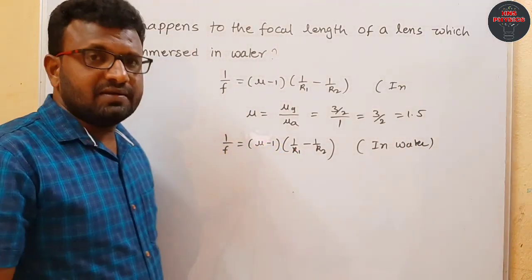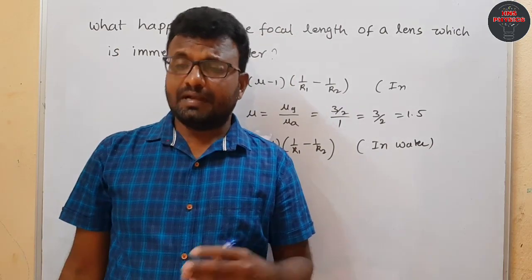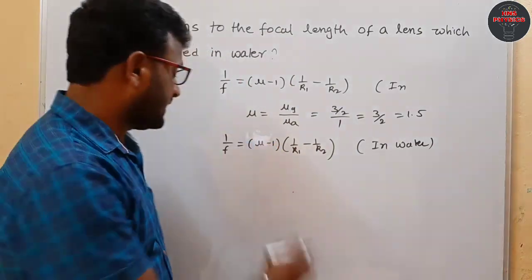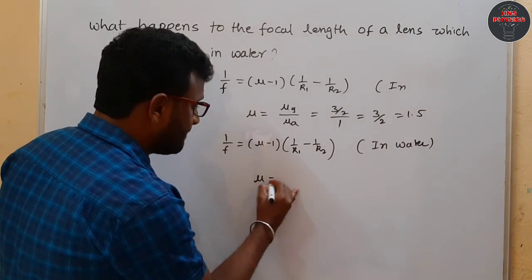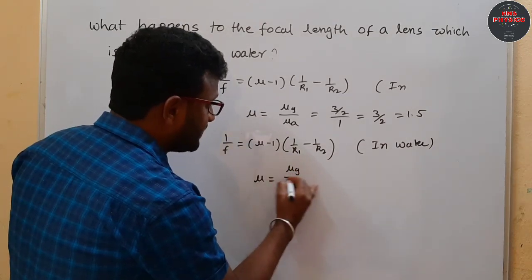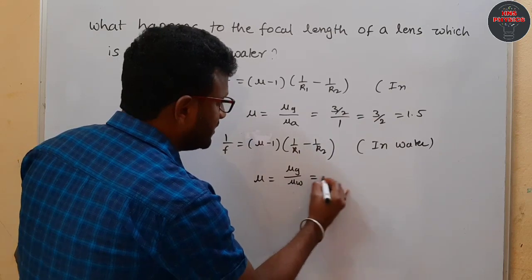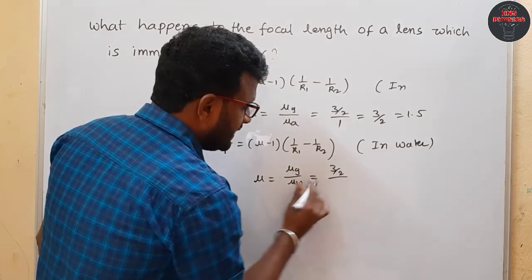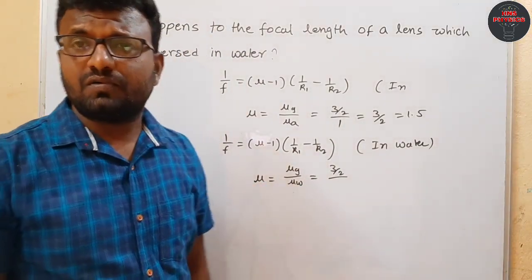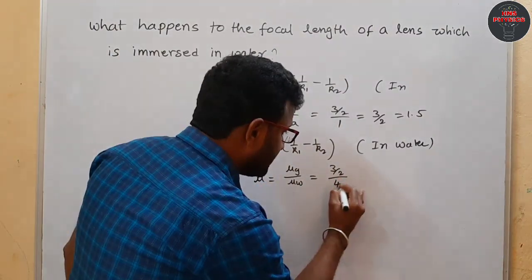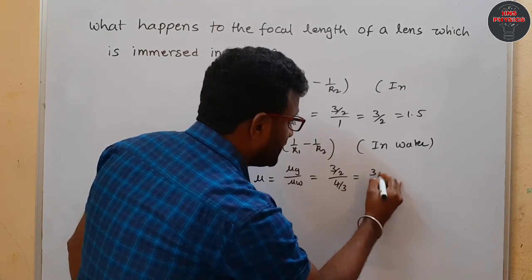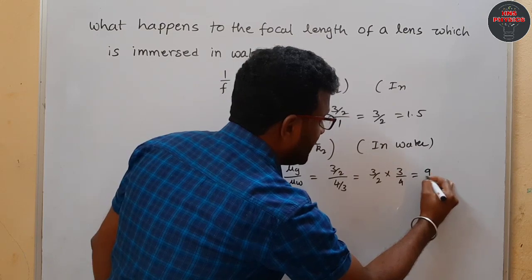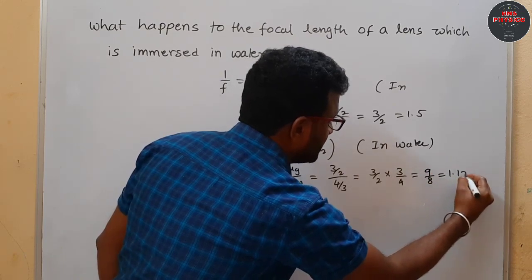Now we can write the relative refractive index when the lens is immersed inside the water: refractive index of glass by refractive index of water. The refractive index of glass is 3 by 2 and the refractive index of water is 4 by 3. Substituting, 3 by 2 into 3 by 4, finally you will get 9 by 8, which is equal to 1.1.